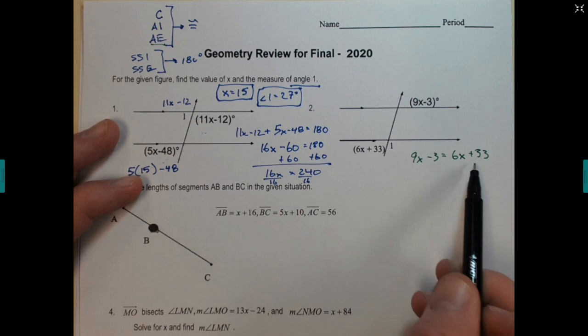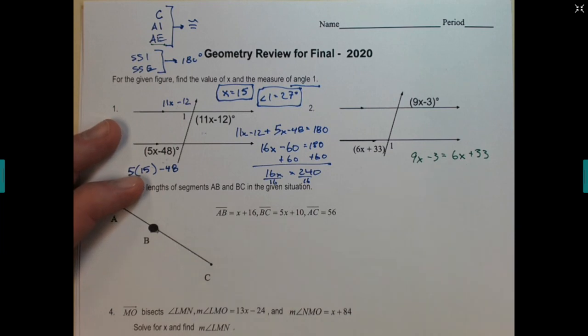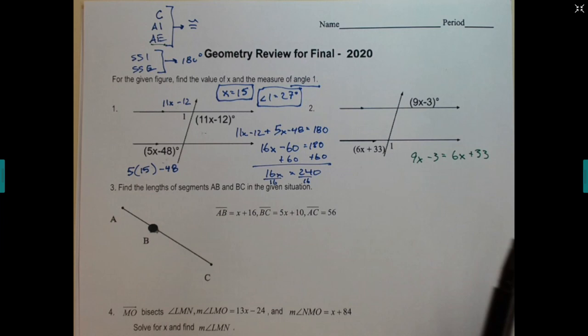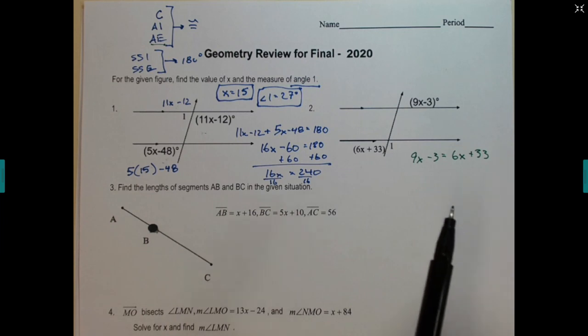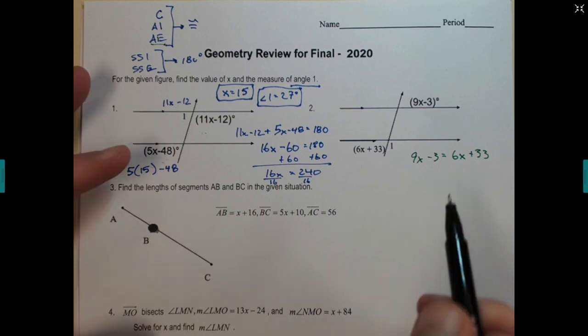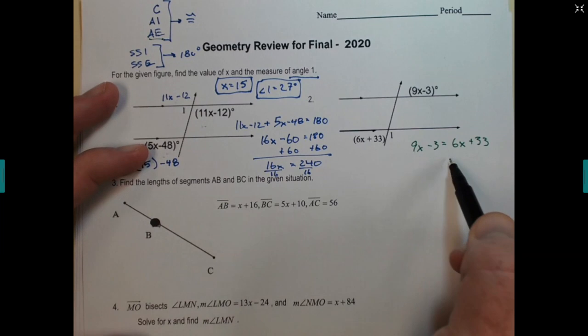Kiddos, you doing this with us? Which side of the equation has the most x's? What's more, 9 or 6? 9 is more than 6, 9 is a bigger number. So I want to move all the x's over here, so I want to get rid of all the x's on the right.